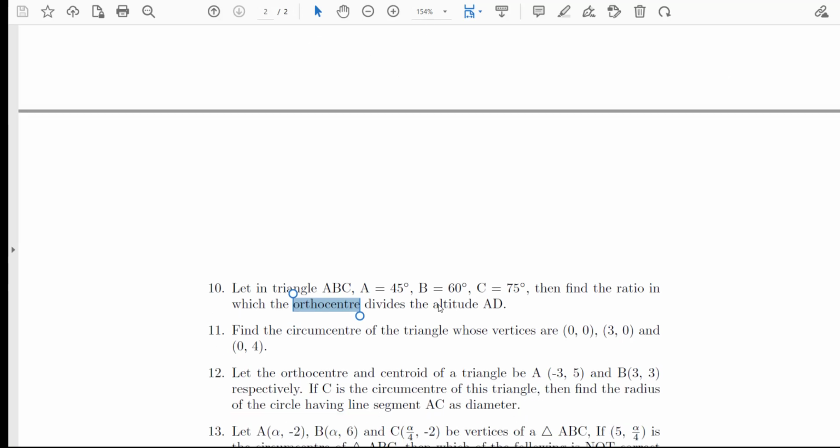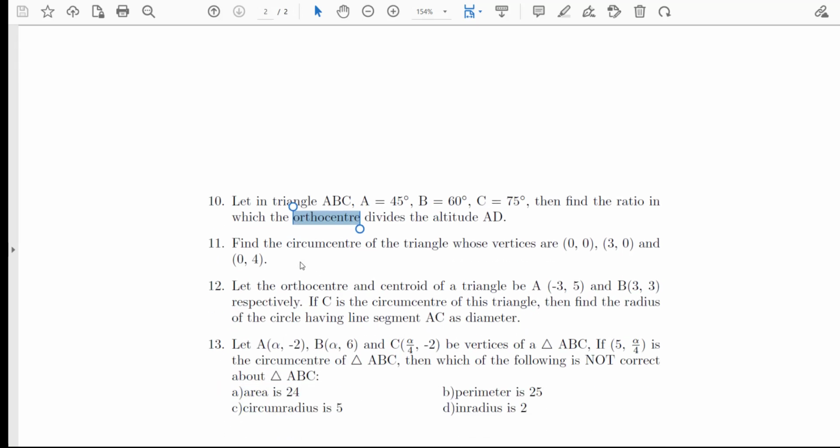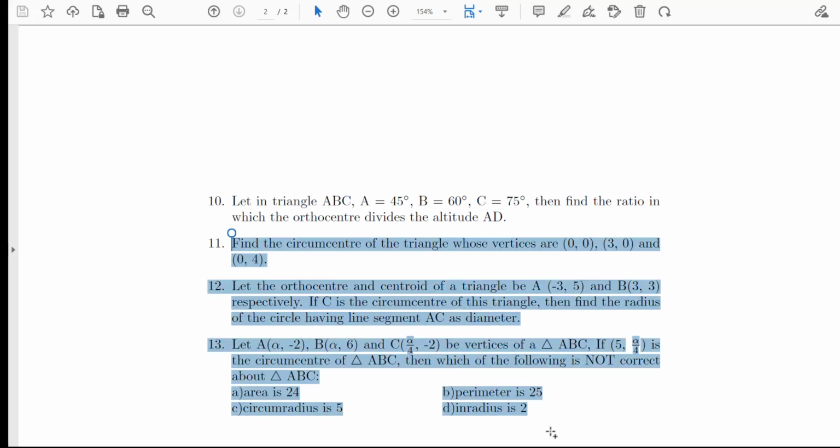Now for questions number 11, 12 and 13 we are introducing the circumcenter. Although the orthocentre and maybe the centroid are there, we need to understand what the circumcenter is before attempting any of these questions.